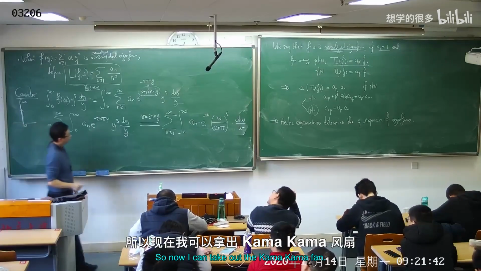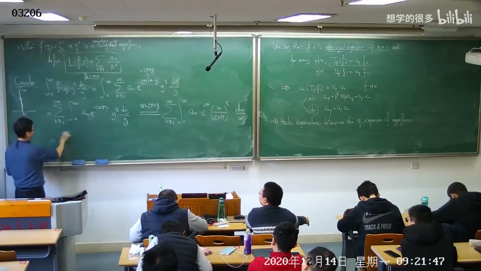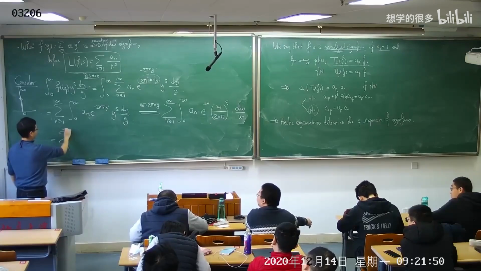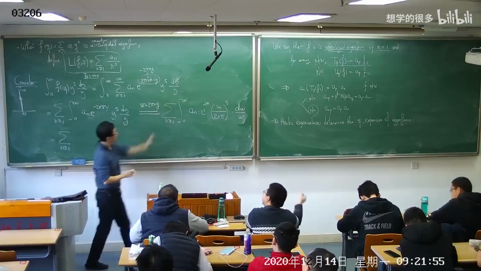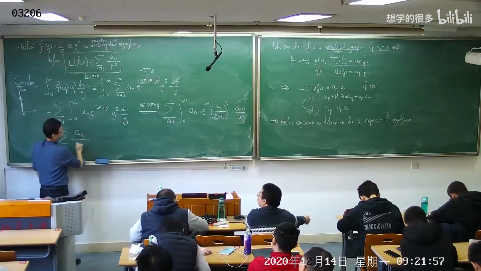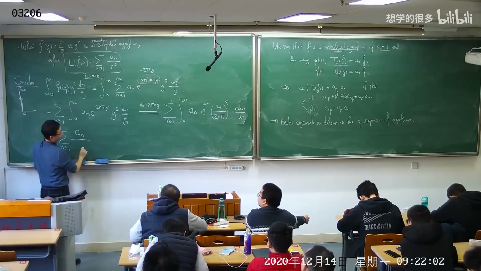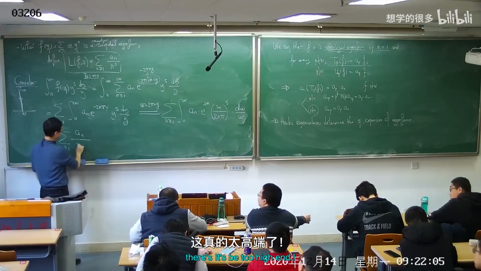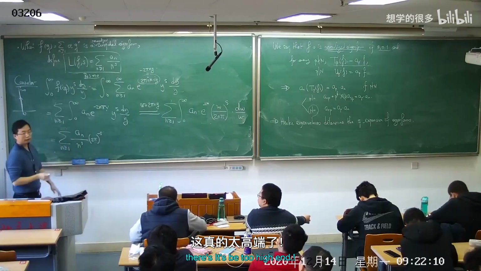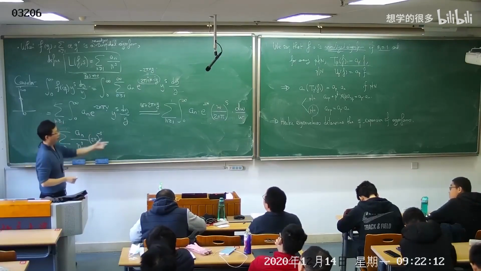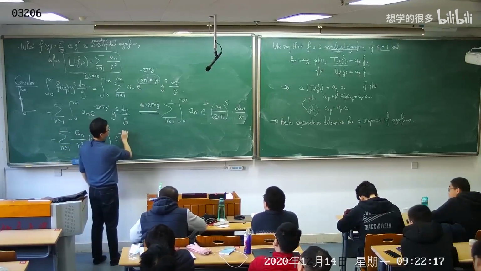So now I can take out the common factors. So a_n over (2 pi n)^s. Should be 2 pi n here, I checked that out. Now I have e to the minus w times w to the s.